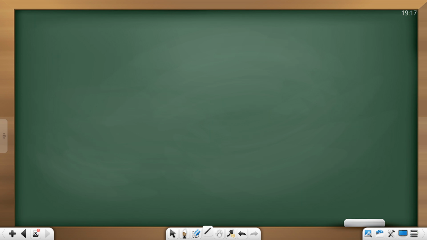Concept number 4: point of intersection. We go back to functions.